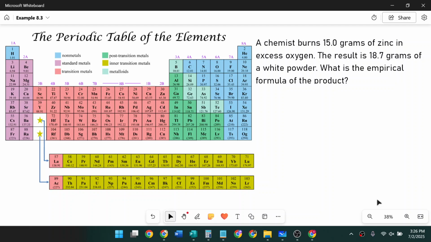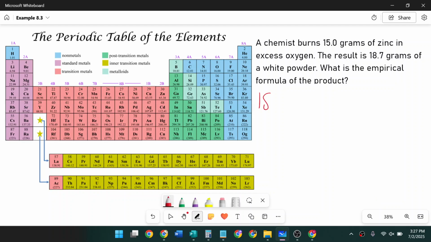Because we have the conservation of mass happening, we know that if we used 15.0 grams of zinc and we added some oxygen with that, and we got 18.7 grams, the difference between those numbers is how much oxygen we used in grams. So let's start there.